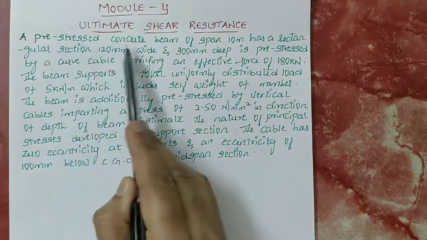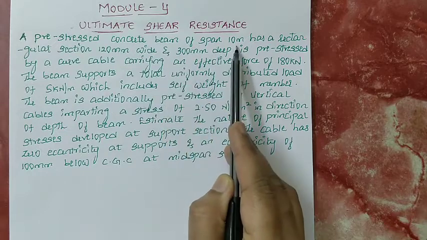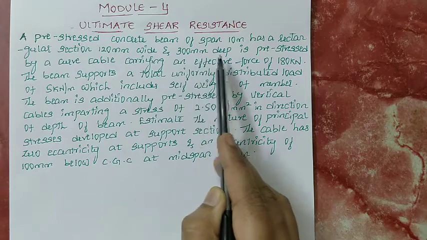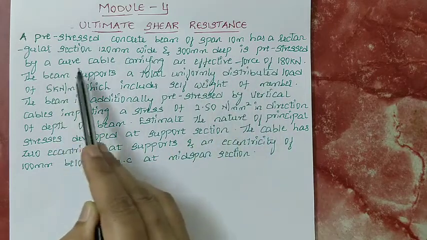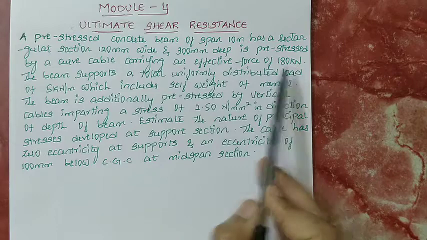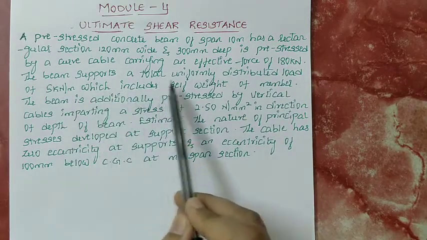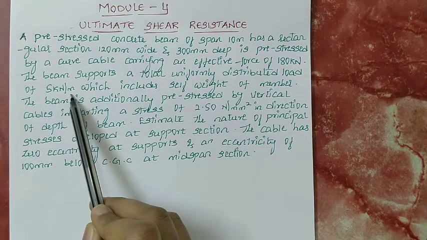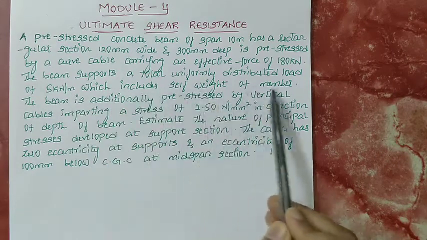A pre-stressed concrete beam of span 10 meter has a rectangular section 120 mm wide and 300 mm deep, is pre-stressed by a curved cable carrying an effective force of 180 kN. The beam supports a total uniformly distributed load of 5 kN per meter, which includes self-weight of member.